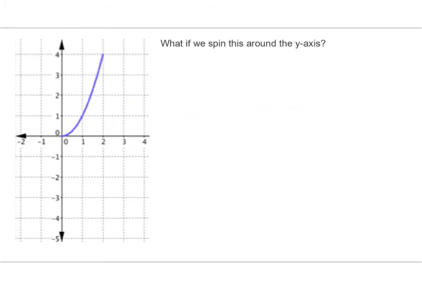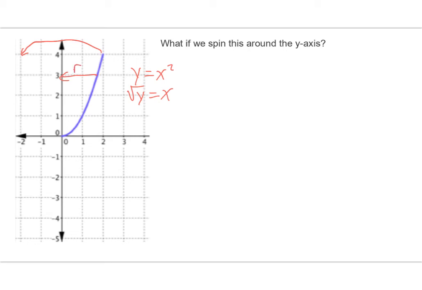We could also think about this spinning it around the y-axis instead. So here, I'm going to have to do this in terms of x instead of in terms of y. So if you have y equals x squared, if I wrote this in terms of y, that would be the square root of y is equal to x. And we're only dealing with the positive part of this, so that's totally fine as an equation.